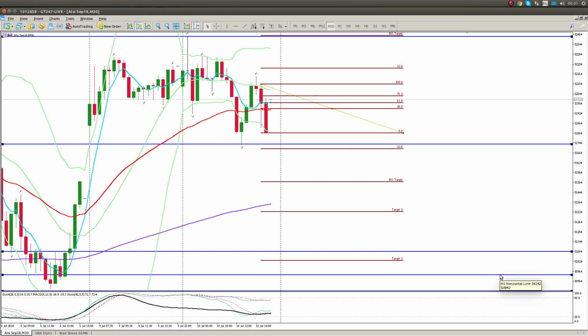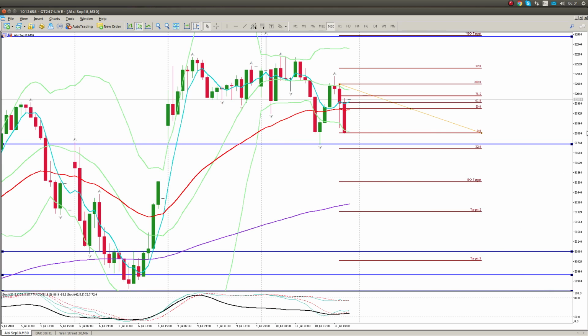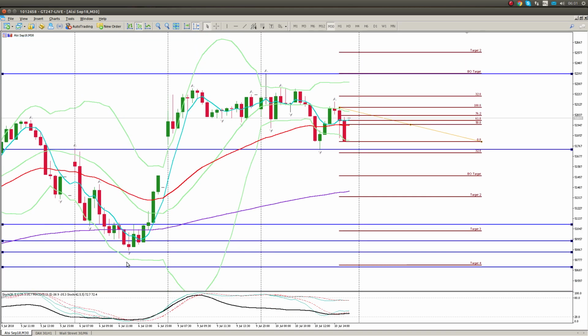And then the last area of support will pretty much be this area here, which is 50844. Okay, so in between 50840 and 51080, that's kind of the area that we'll be looking for opportunity to get long again.